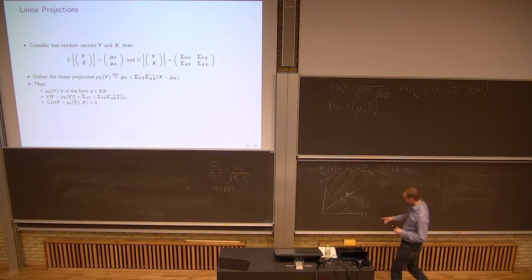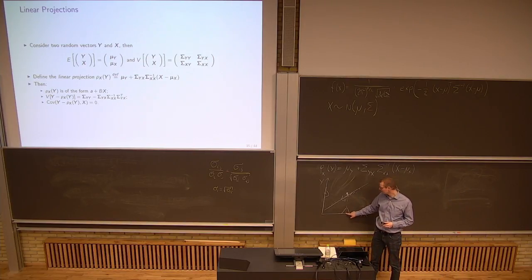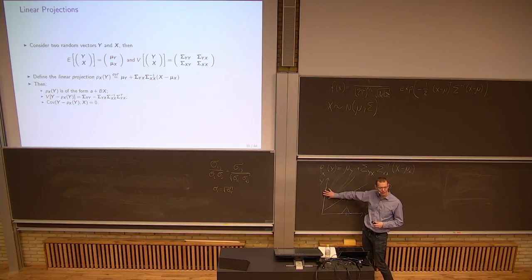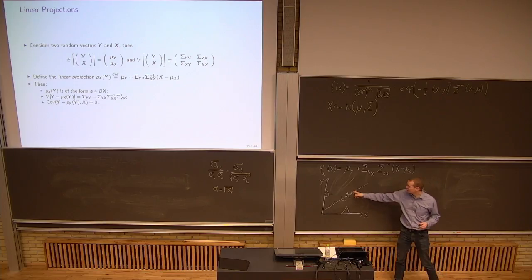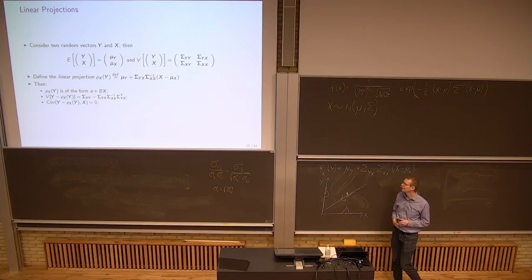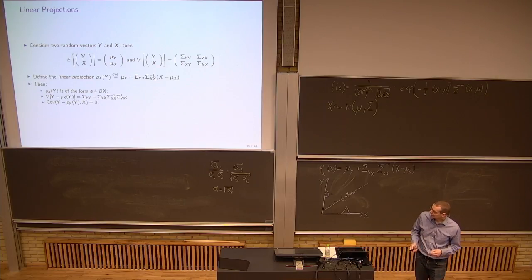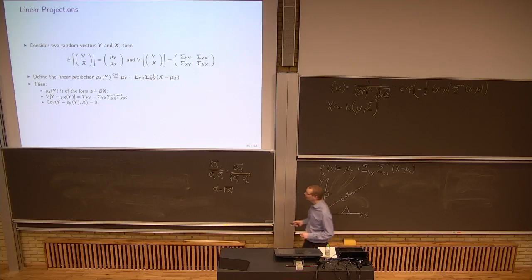In the case where the uncertainty on x is very small, and the uncertainty on y is great, then it will actually become the vertical in the limit.